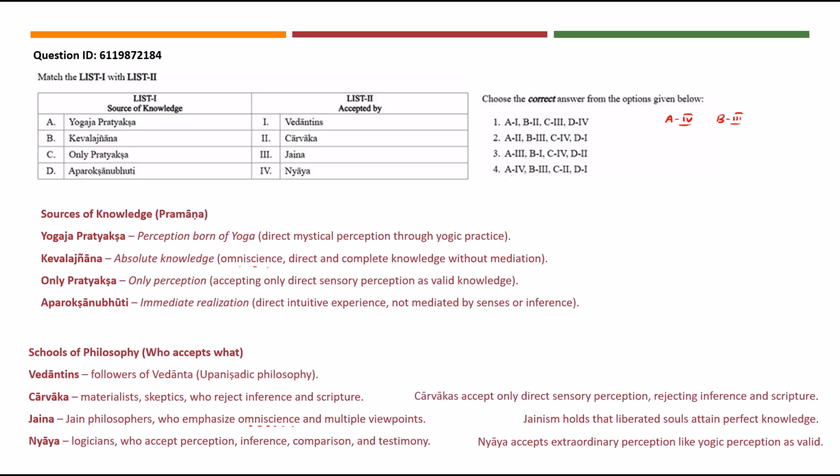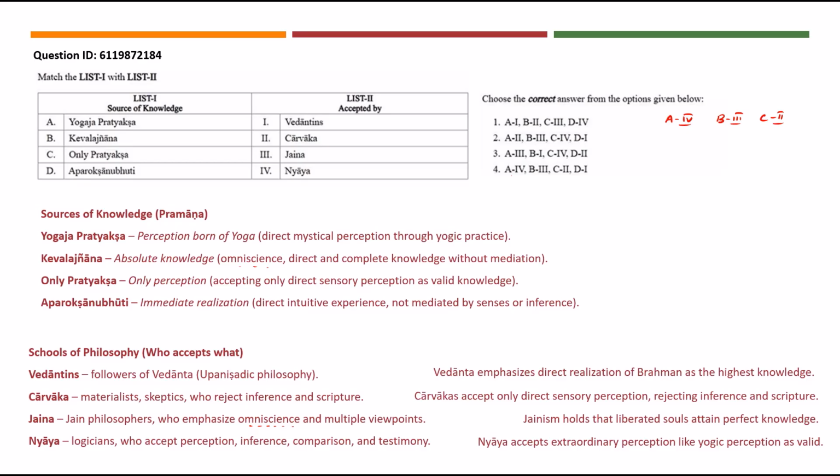What about the next one? Charvakas accept only direct sensory perception, rejecting inference and scripture. So direct sensory perception is only Pratyaksha, which is C mapping to 2. What about D? Vedanta emphasizes direct realization of Brahman as the highest knowledge.